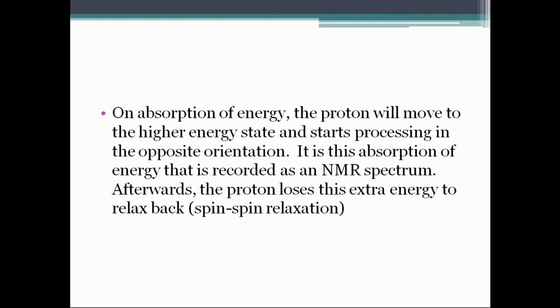A proton in the higher energy state comes down by release of the excess radio energy absorbed, and the release or absorption of this radio wave is recorded as the NMR spectrum.